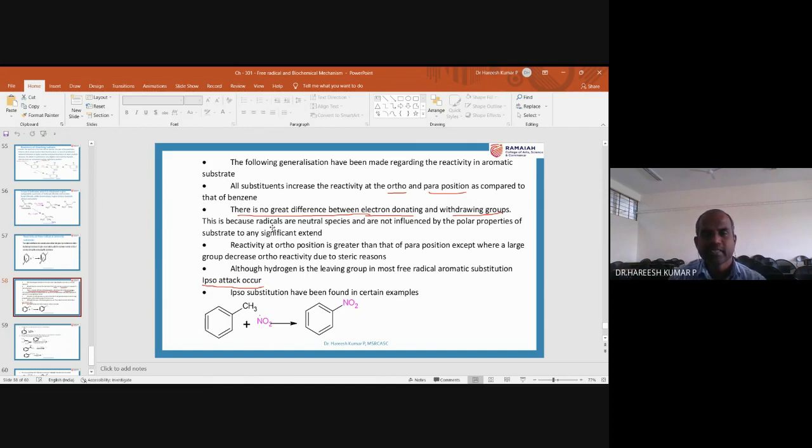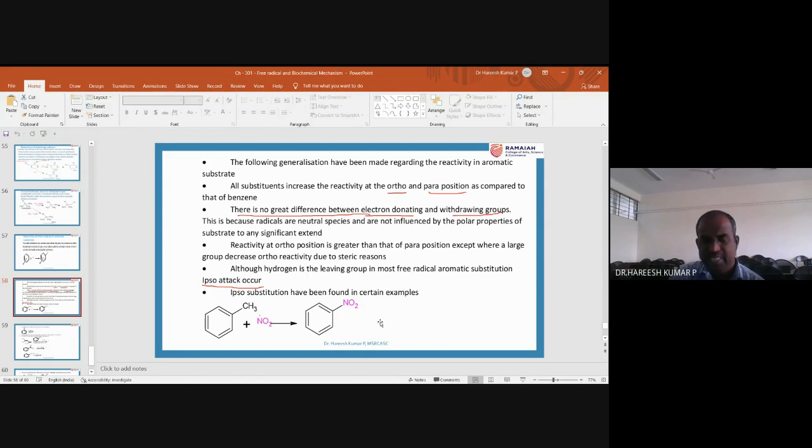And there is no great difference between electron donating and withdrawing groups. This is because radicals are neutral species and are not influenced by the polar properties of the substrate to any significant extent.